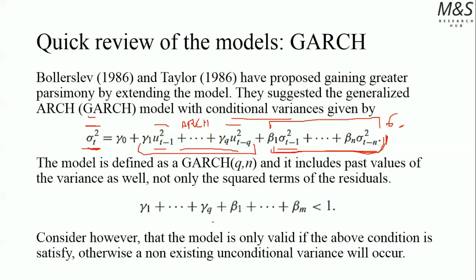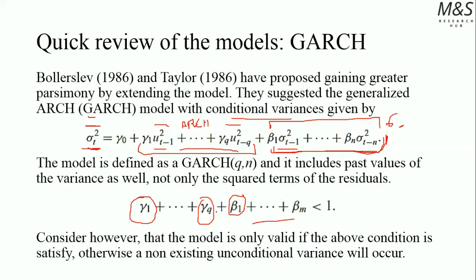Consider that the model we have stated is only valid if the above condition is satisfied. Yes. So what is this condition right here? This condition takes the estimators of the ARCH part of the model and the estimators of the variance part of the model, that is the generalized part.